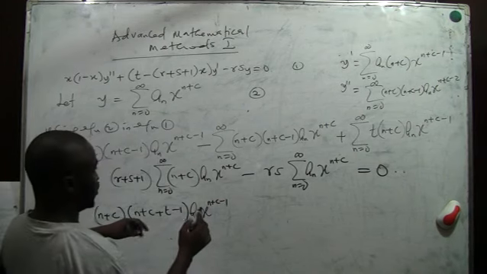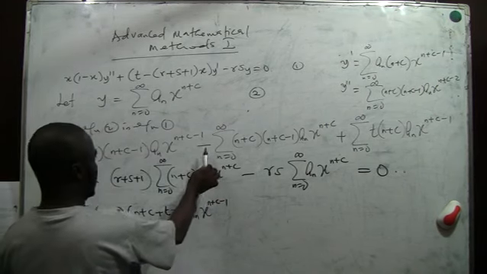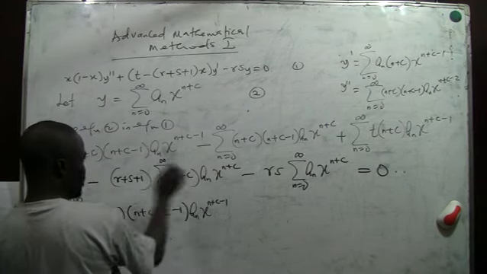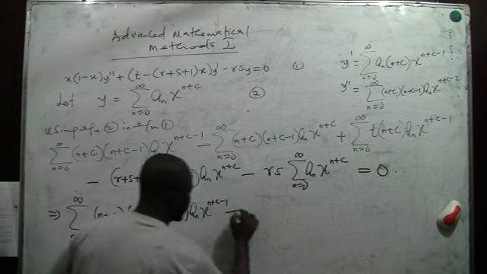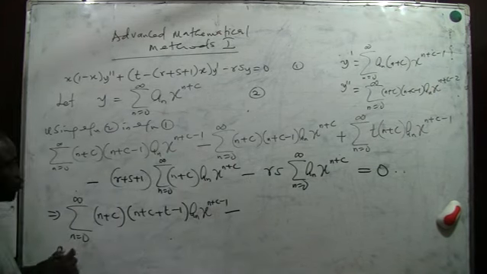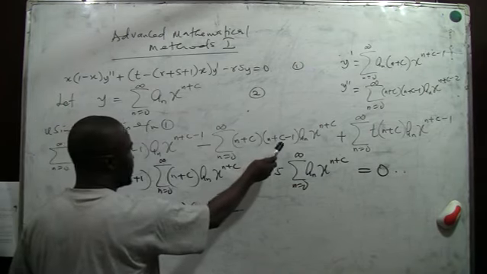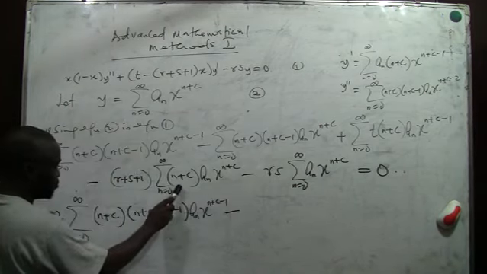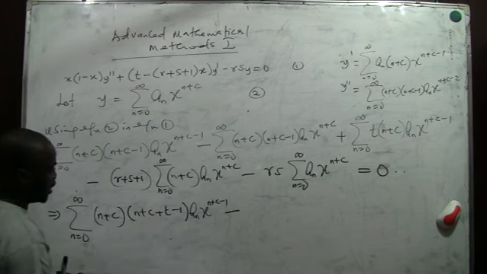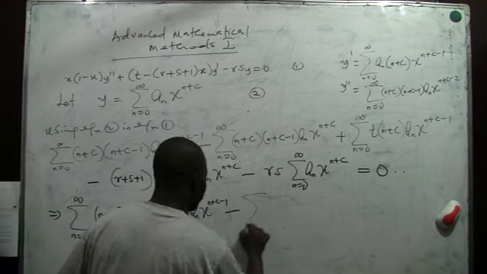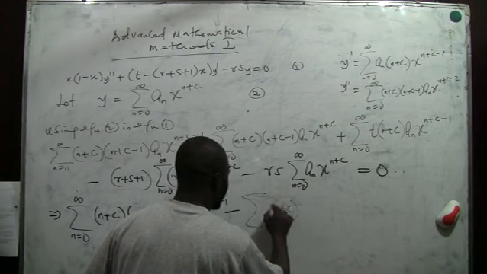Then for the second power, negative is common to all of them. Secondly, this term and this have a common factor, n plus c.